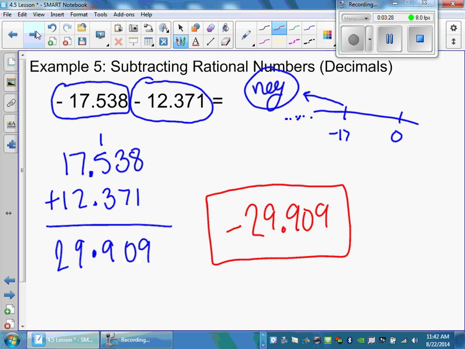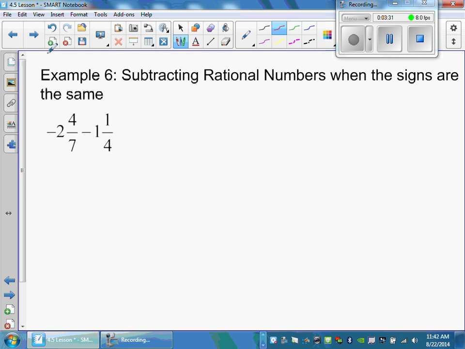Alright, example 6. Subtracting rational numbers when the signs are the same. We're going to do this again, but with fractions. So see here I have negative 2 and 4/7 minus 1 and 1/4. That negative is a minus, a negative, opposite. They're all the same thing. So both of these are negative. Just like I said before, we're on the number line. Here's 0.